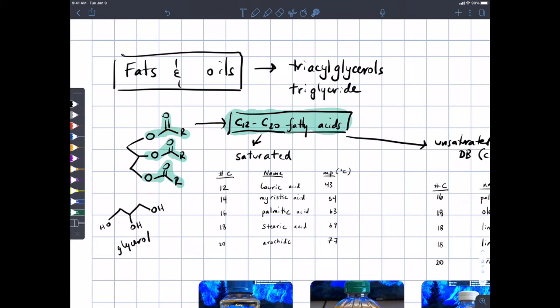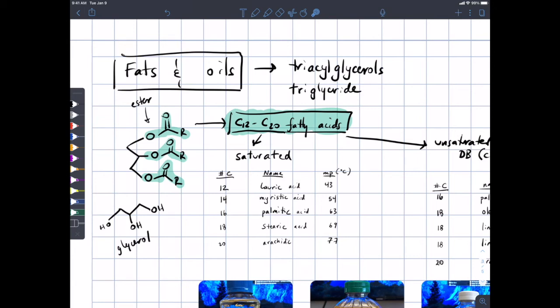Now, the chemical bond between the alcohol and the fatty acid is called an ester. You've seen esters before. We won't talk about them much until 352. Nevertheless, fats and oils are these triesters where the R group here is a long hydrocarbon chain, usually between 12 and 20 carbons long.